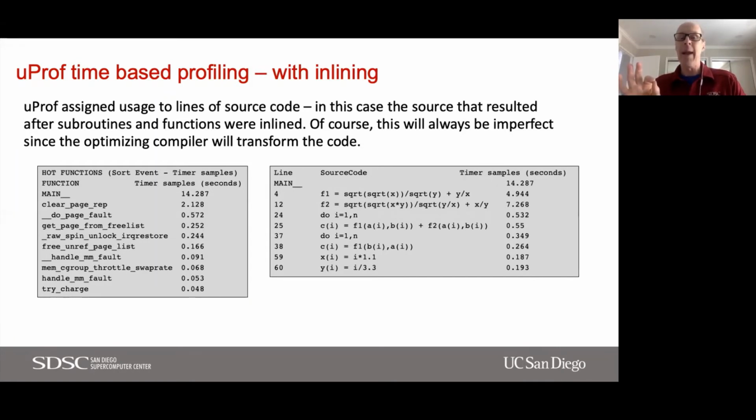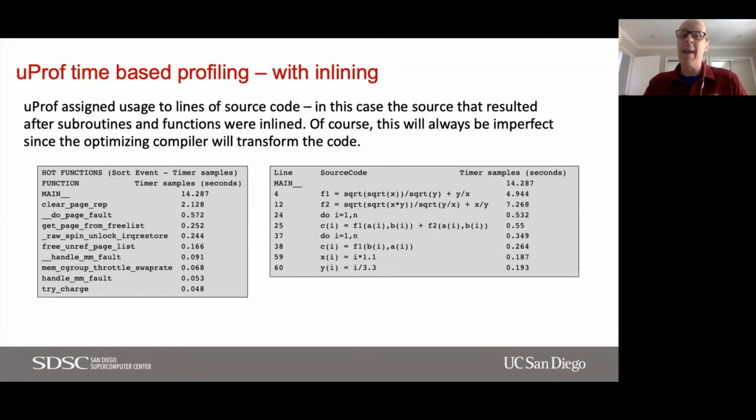And then on the right panel, you'll see uprof's attempt to assign usage to individual lines of code. So this needs to be taken with a grain of salt, because as code is optimized, especially with loop level transformations, the source code won't really map precisely to the optimized code.